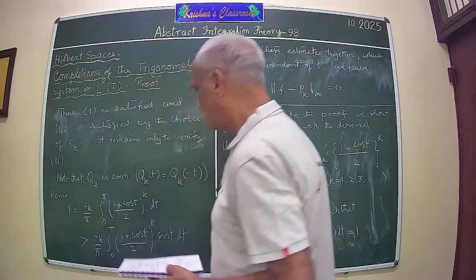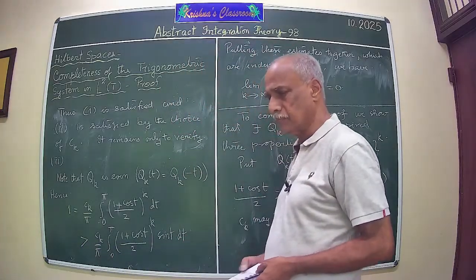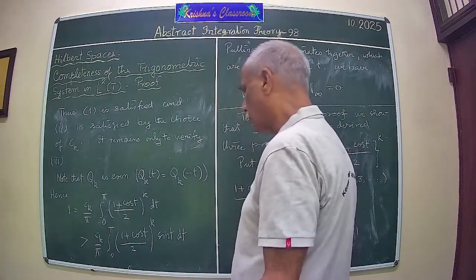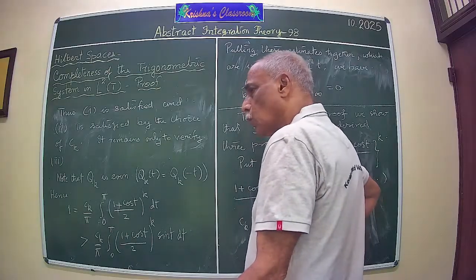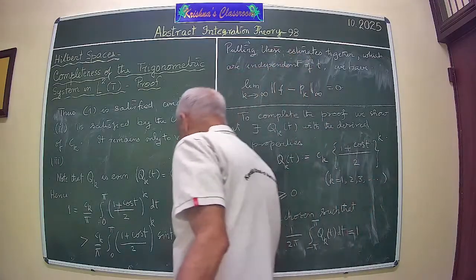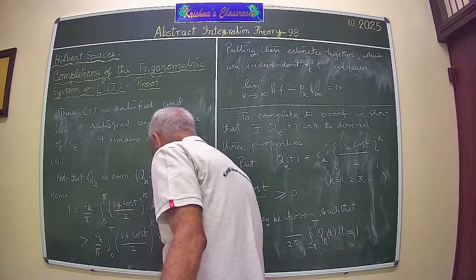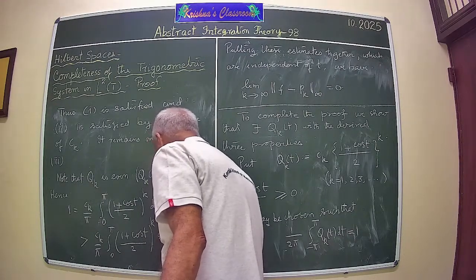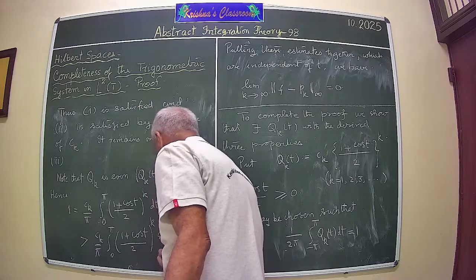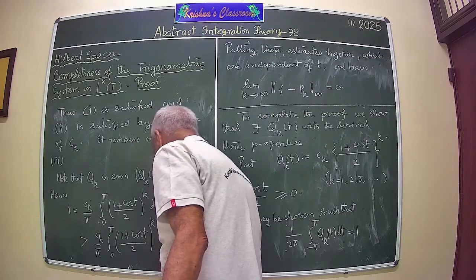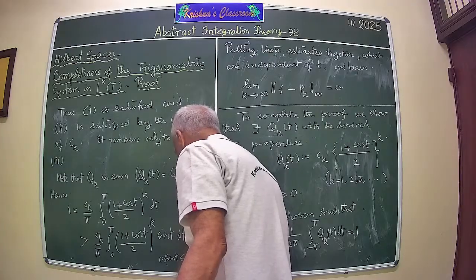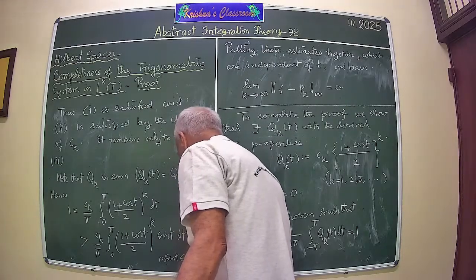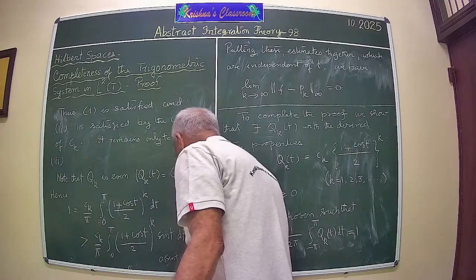So what happens? Sin t is positive here. Okay, therefore, sin t is less than 1 on 0 to pi.